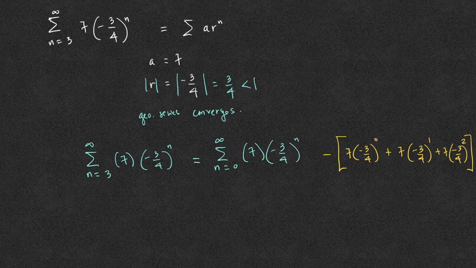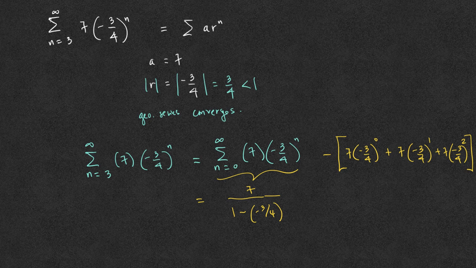So we need to take away these. Now that we have a series that starts with 0 and the ratio is negative 3 over 4, whose absolute value is less than 1, the geometric sum is a over 1 minus r, where r is negative 3 over 4.